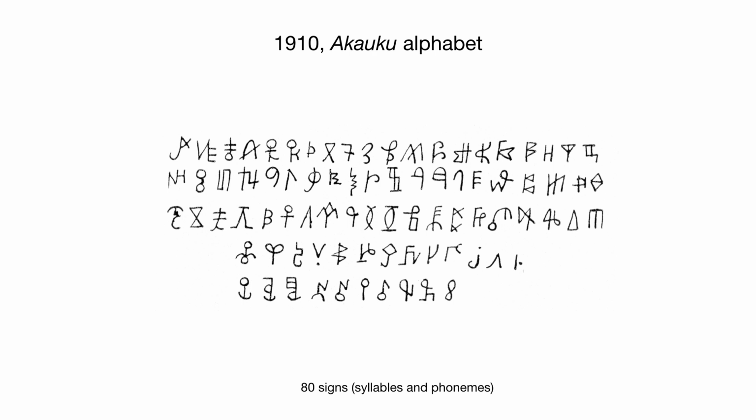Here in 1910, we have a big change, because the alphabet becomes a syllabary. So they abandoned this pictographic and ideographic alphabet to come up with each character representing one syllable or one phoneme.